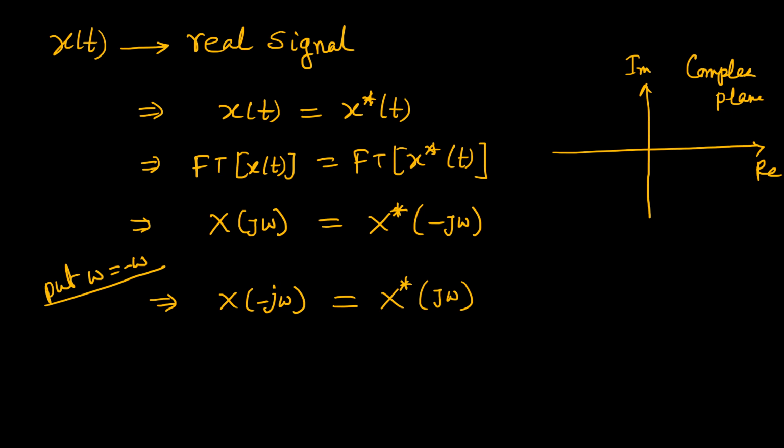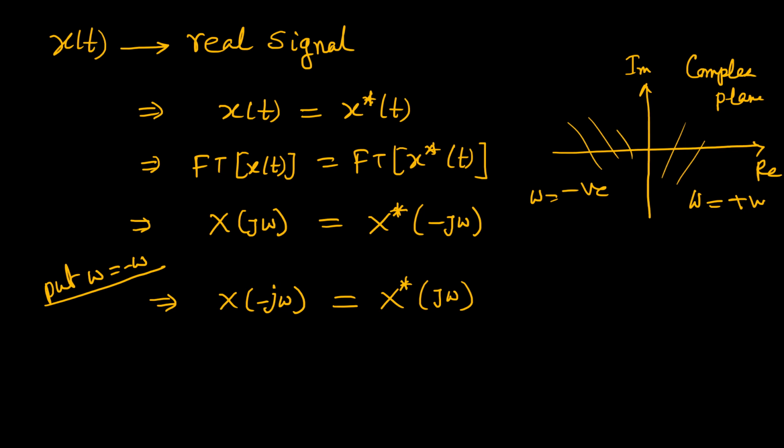So we can do that for positive omega and negative omega. This side I consider omega positive and this side negative, right? So you see for the negative side, X of minus j omega is simply X star of j omega, right?